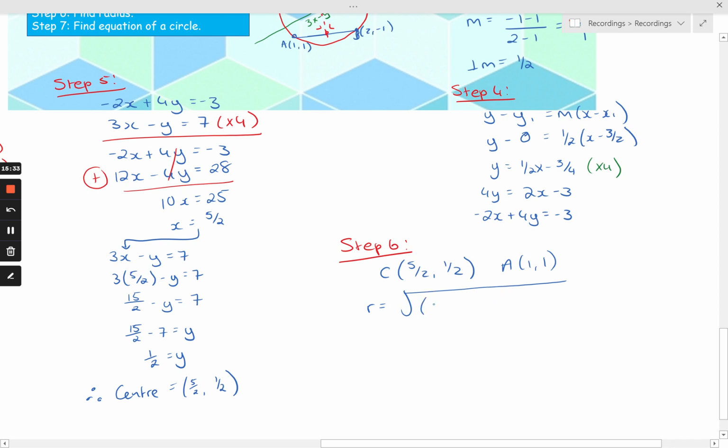So I'm going to have (1 minus 5/2) squared plus (1 minus 1/2) squared, which gives me (minus 3/2) squared plus (1/2) squared, which gives me 9/4 plus 1/4, which gives me the square root of 10/4, which I'm going to leave as the square root of 10/4 units.